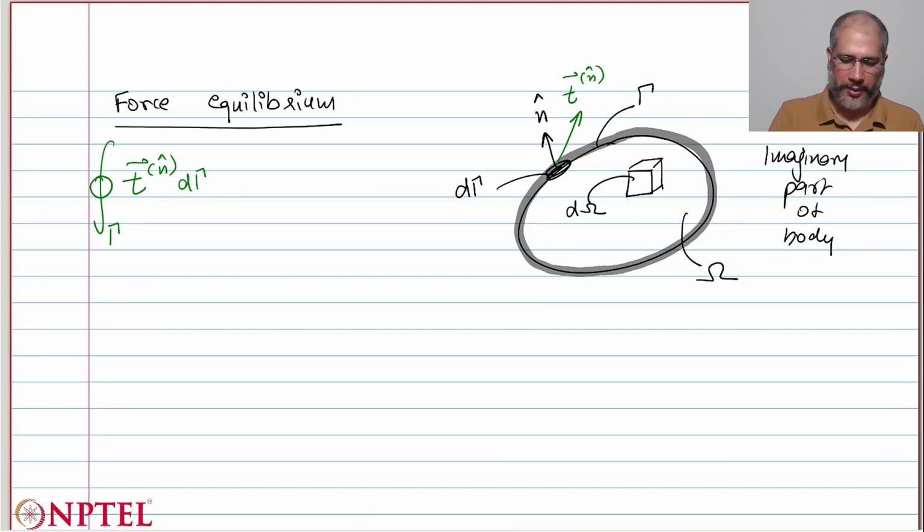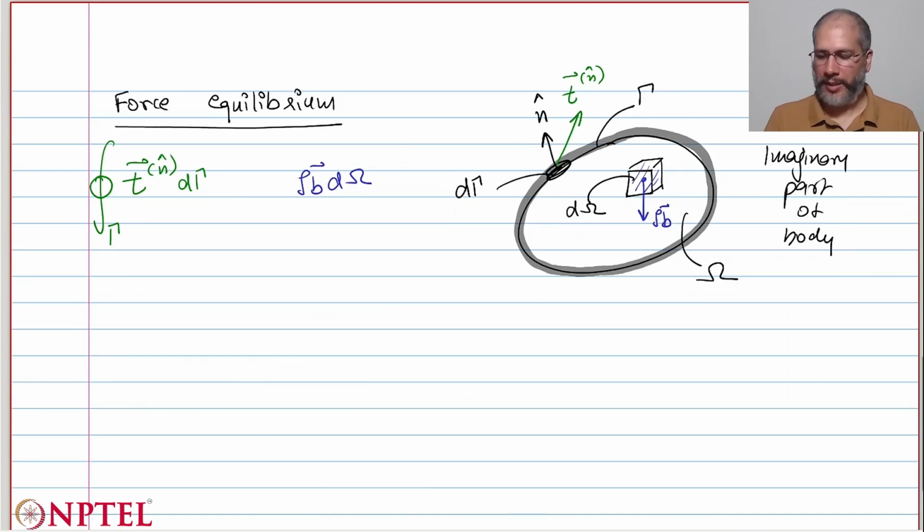And now we'll add the volume forces or the body forces. If this is the small volume d omega that we're talking about, there will be some body force acting on this volume, which will be rho times the vector b times d omega. So this is the body force acting on this small infinitesimal volume d omega, and I'll add all such forces over the complete volume omega.